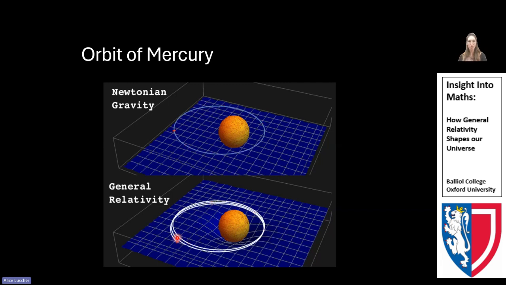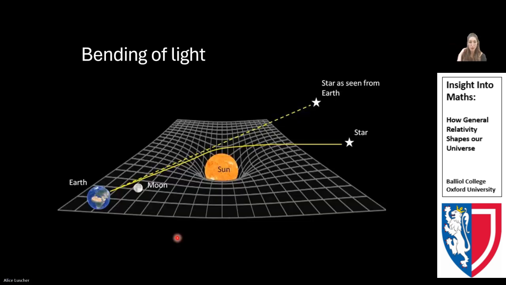There is a second experiment that really convinced more people, and that's the one I want to describe now. We said that objects follow straight lines in curved space. Well, that also applies to light. So imagine I have some star emitting light, and this light gets to the Earth.